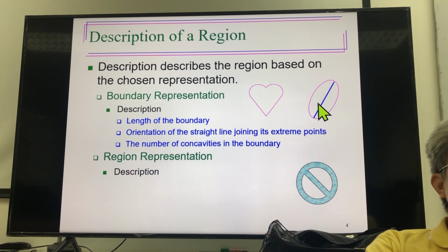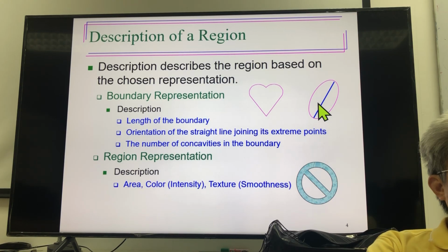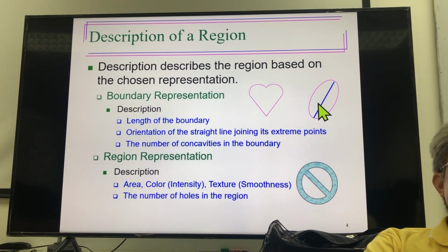For the region representation, the description could be the area, the colors or the intensities, the texture or the smoothness of the object, or the number of holes in the region.